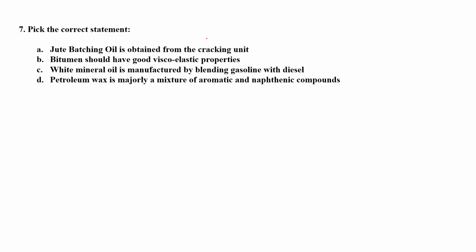No, it is not obtained from the cracking unit. It is obtained from the atmospheric distillation column. The second option: bitumen should have good viscoelastic properties. Yes, this is correct. As I told, bitumen shows viscoelastic nature.